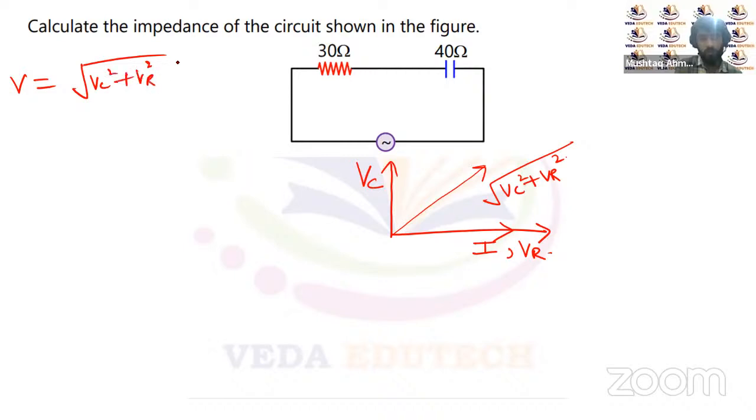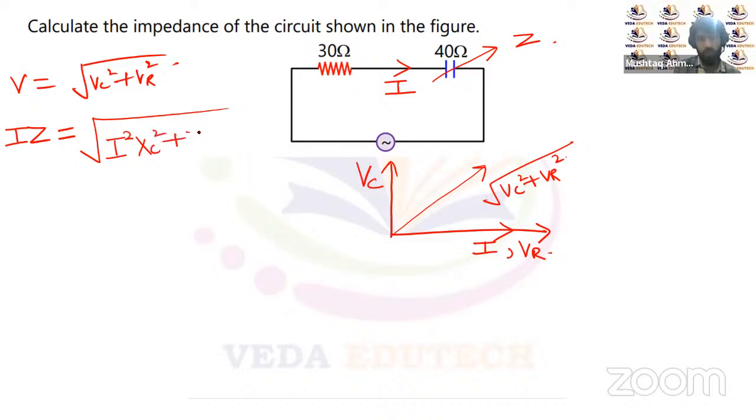Now let's suppose the current I is flowing through this circuit and the total impedance offered by this circuit is Z, we can replace V with I into Z. The current flowing through the two elements is the same because they're in series. So you can write it as I square XC square, and similarly I square R square. From here you can take I as common, so it will be I under root of XC square plus R square, which equals I multiplied by Z.